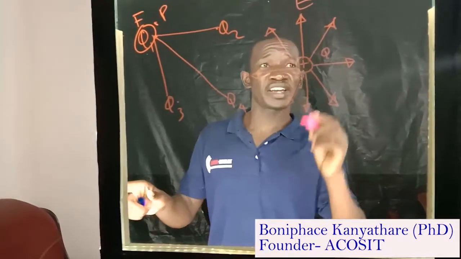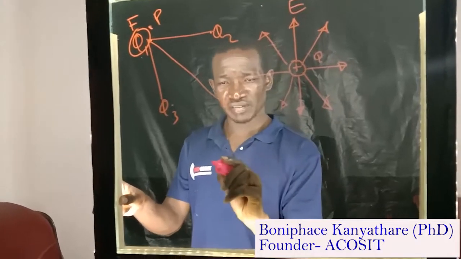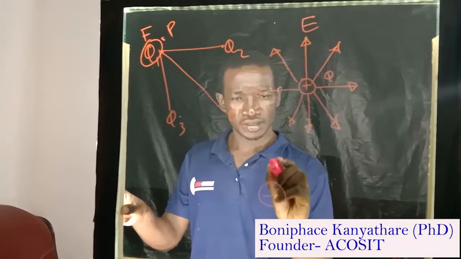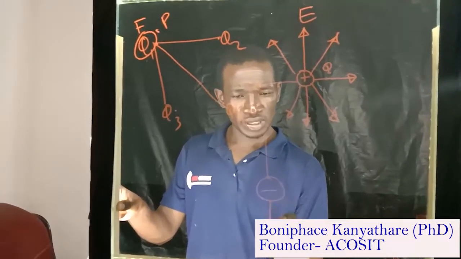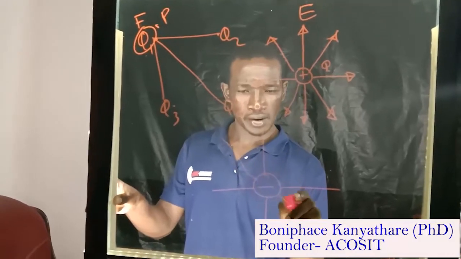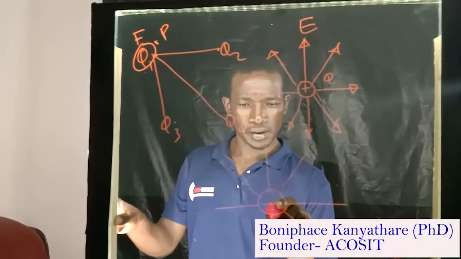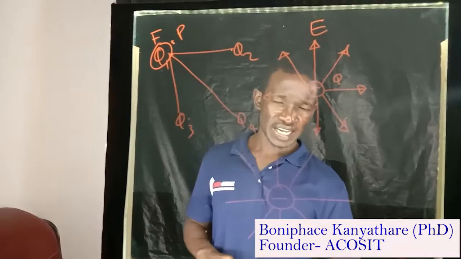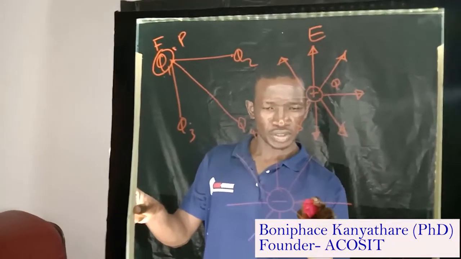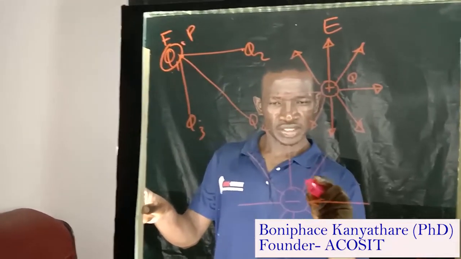And if we have a negative charge, let's assume now we have a negative charge here somewhere. How will the electric field look like? With the negative charge, the electric field will point towards the charge.